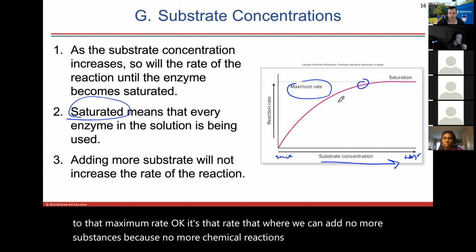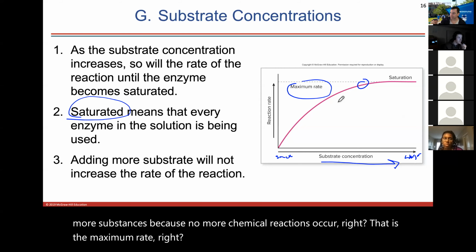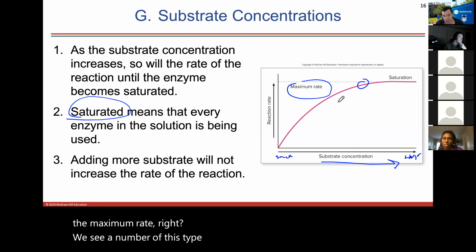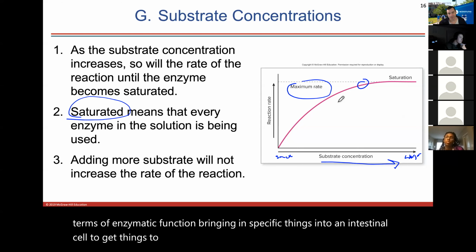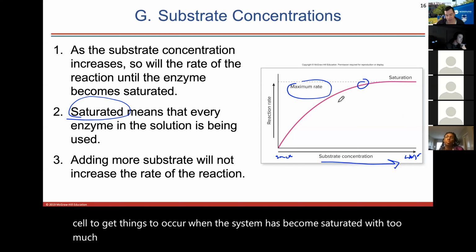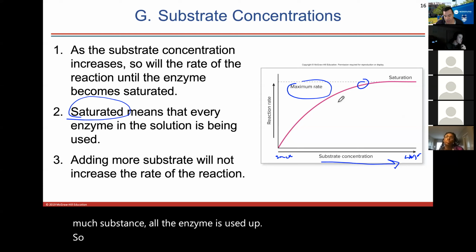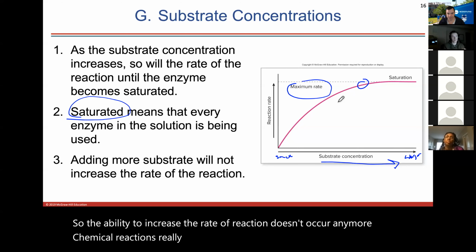We see a number of this type of phenomena within the digestive tract, in terms of enzymatic function, bringing specific things into an intestinal cell. When the system has become saturated with too much substance, all the enzyme is used up, so the ability to increase the rate of reaction doesn't occur anymore. Chemical reactions really stop for all intents and purposes.